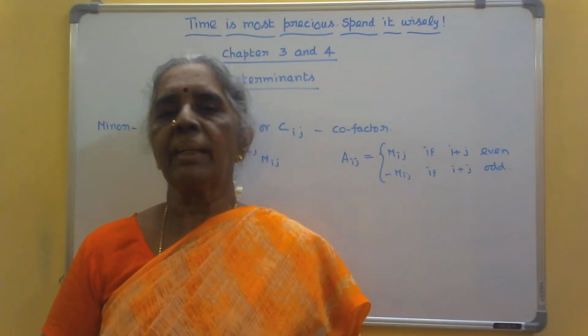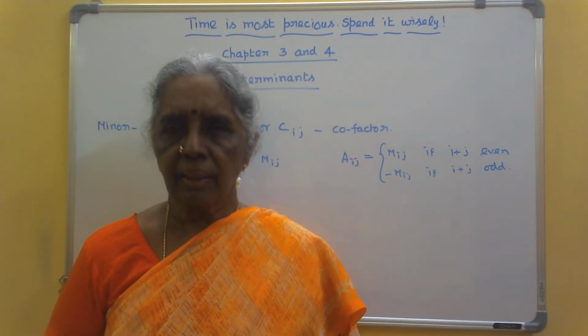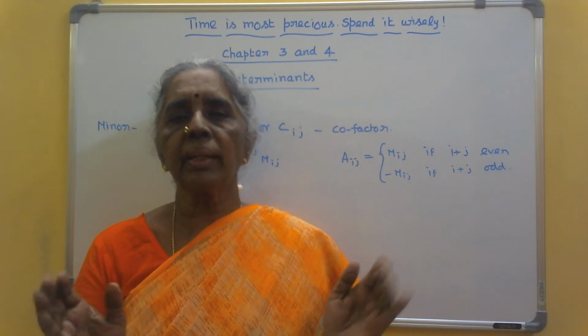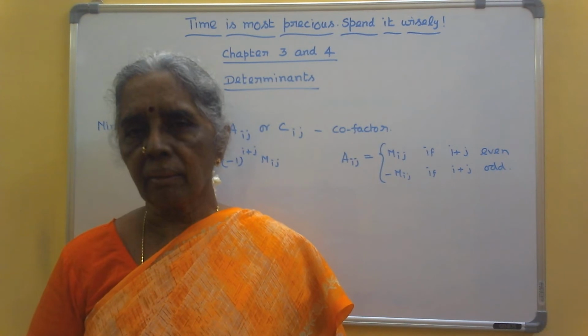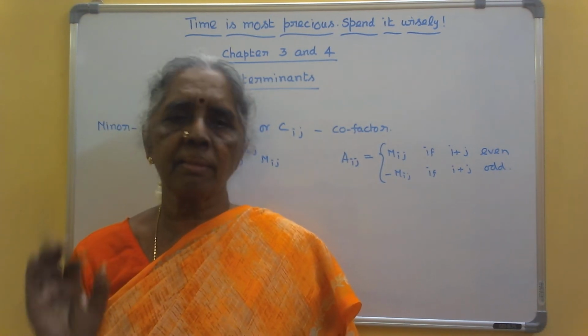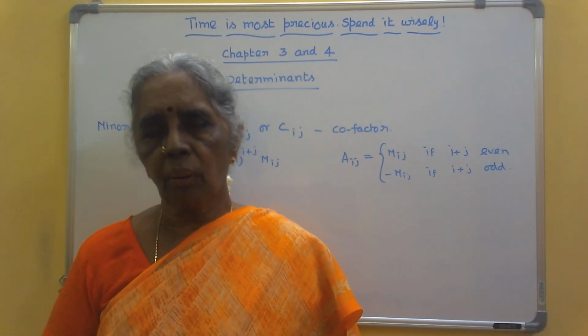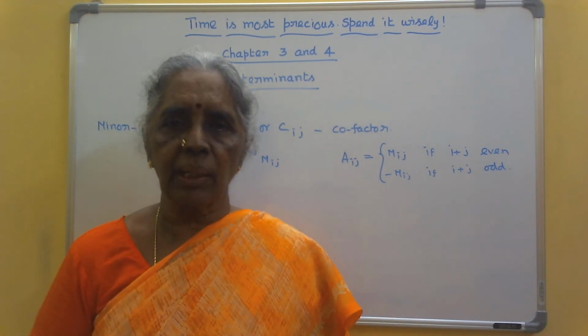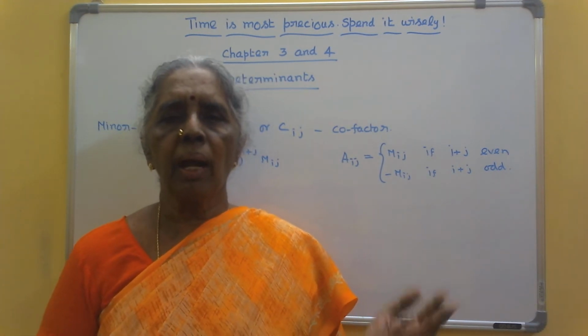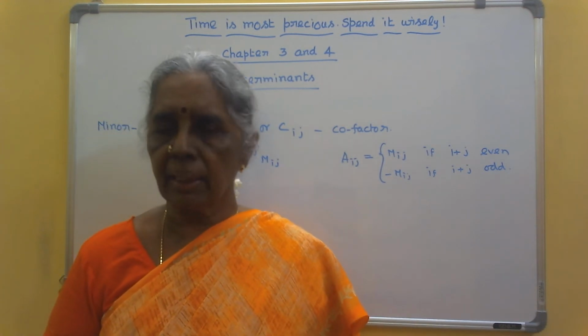Every square matrix has a number associated with it, and that is called the determinant. Only square matrices have determinants. You all know how to expand and how to find the determinant value of 2 by 2 and 3 by 3 determinants, right?